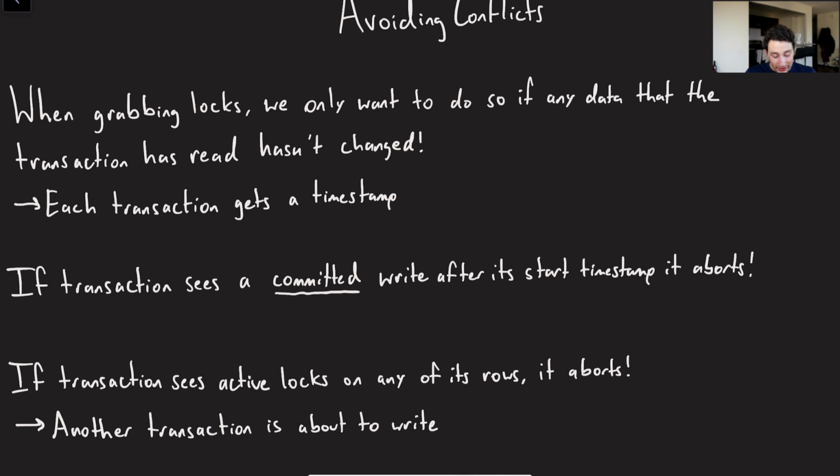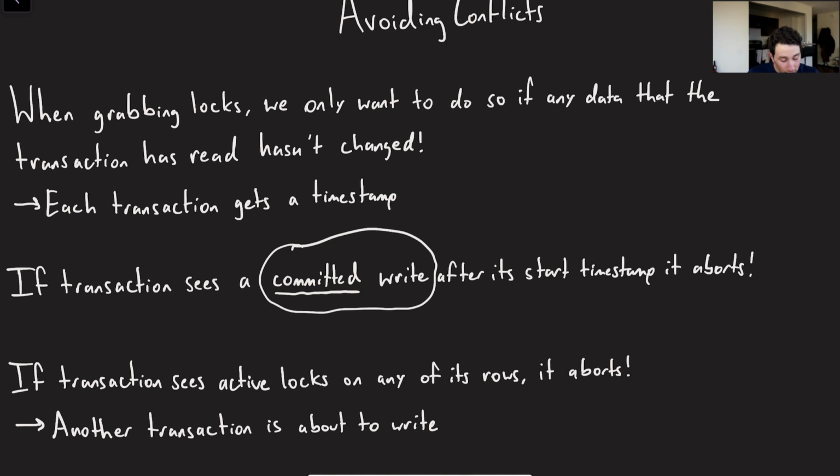Cool. So basically, every single transaction is going to get a timestamp, right? And so the gist of this is, if I'm a transaction and I want to read some data and then ultimately write it, and in the process I see a committed write, big emphasis on the committed part, because if it's an uncommitted write, that means it may not have gone through.